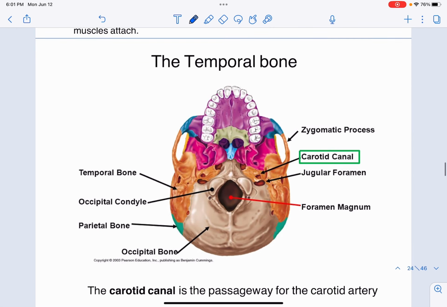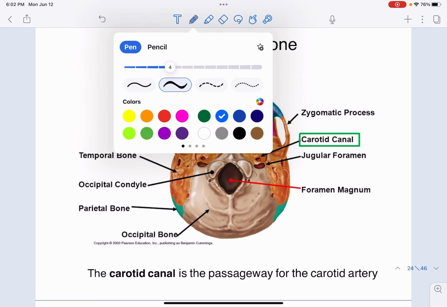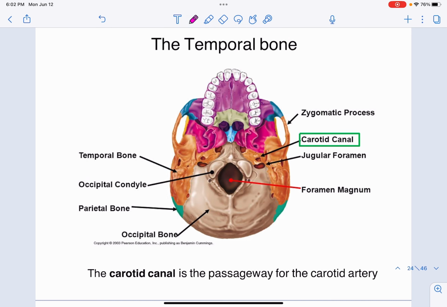All right, if we take an inferior view, we're going to find the carotid canal. So remember, I showed you the foramen magnum, that was part of the occipital bone. And then we talked about the jugular foramen, where the jugular vein is. If you look just superior to the jugular foramen, you're going to find the carotid canal. And that is the canal for the carotid artery.